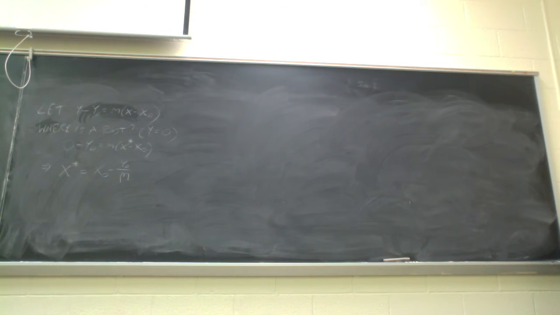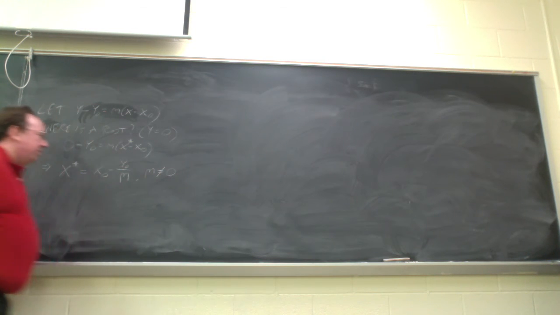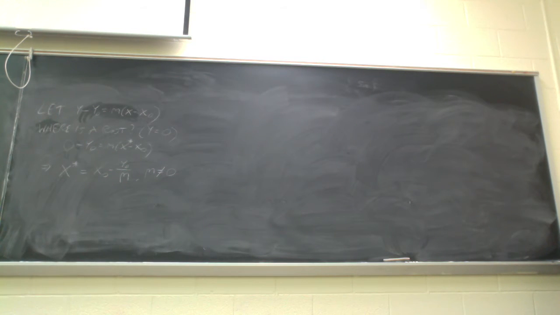Cool. All right. So provided that m is non-zero, in the case of a line, if there is a root at all, so for m not equal to 0, the root is also unique. Now that's a simple case, but what if we have a more general function? We can somewhat generalize this statement.